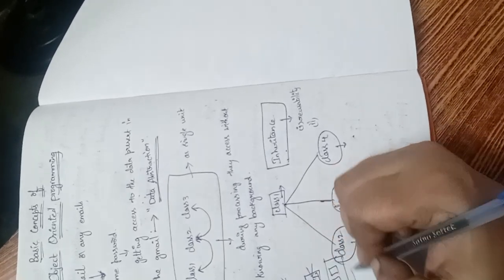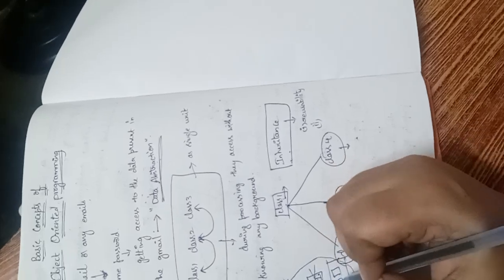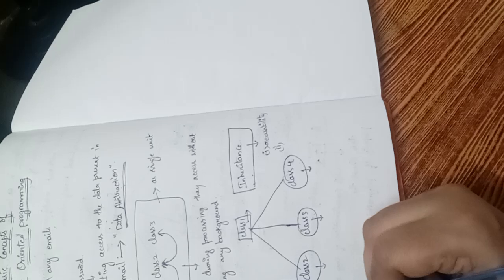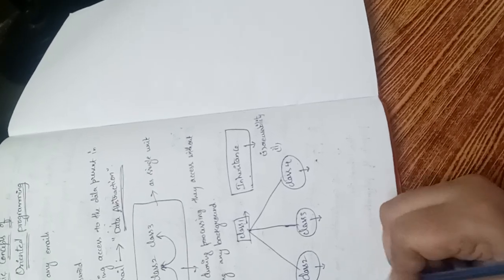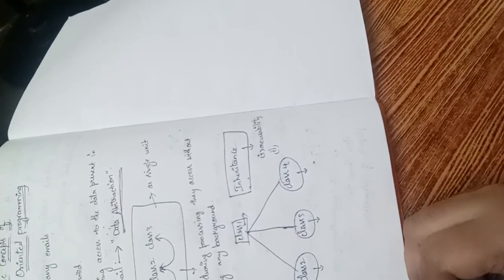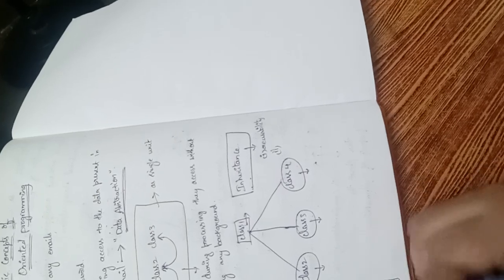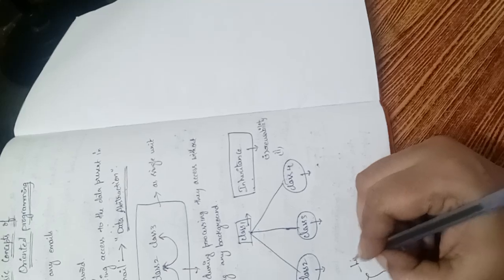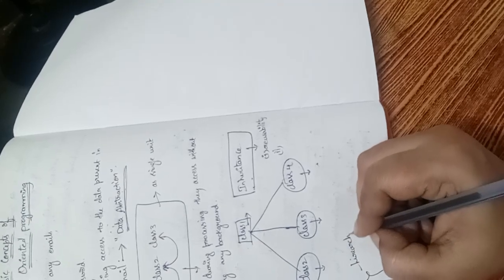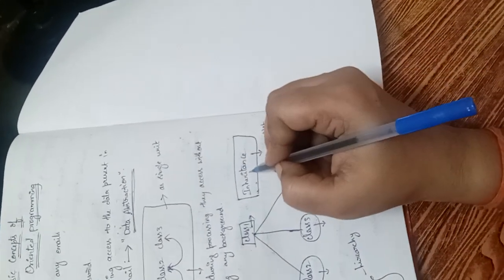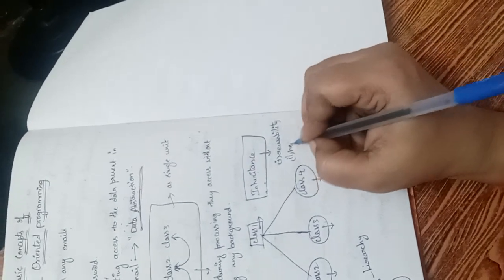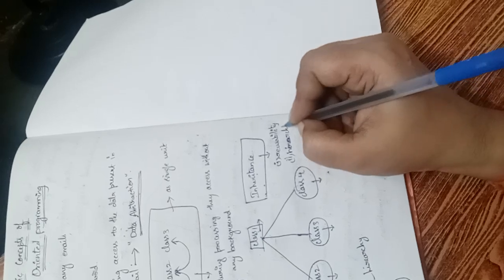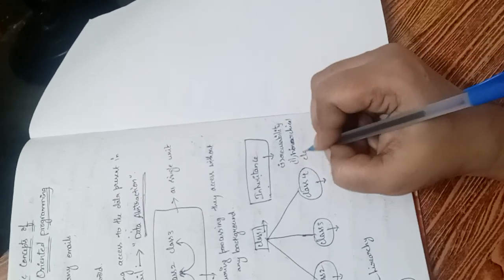This is the actual hierarchy. Another example you can take is grandfather, father, son. This also comes under hierarchy. So from inheritance you can see the hierarchical classification.